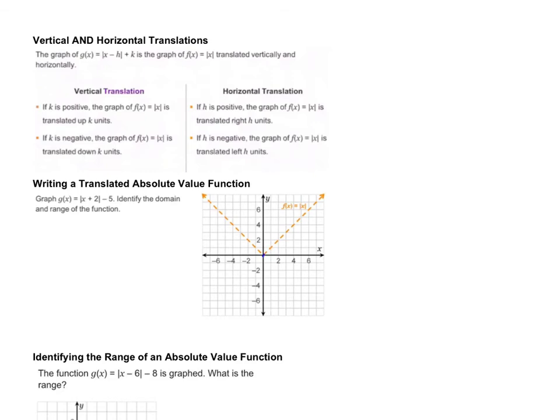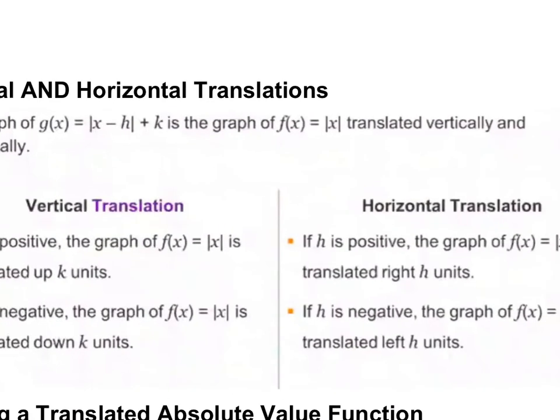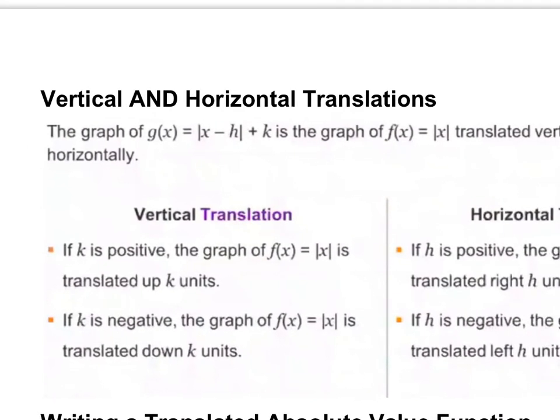All right, so let's talk about vertical and horizontal translations. And they kind of talked about all this different stuff here. But you have this general form here: if you graph g of x is equal to the absolute value of x minus h, plus k, this is going to be your shift left or right.